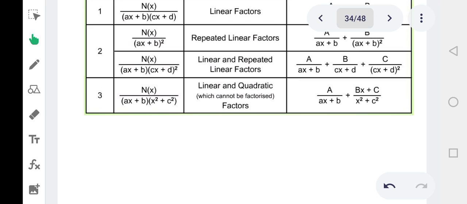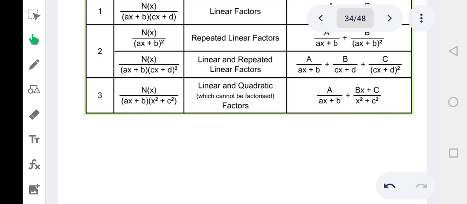All right. So whenever you've got a rational expression or a rational function, or in other words, a rational fraction, and when you look at the denominators, you find that they have got a quadratic factor which can't be factorized.